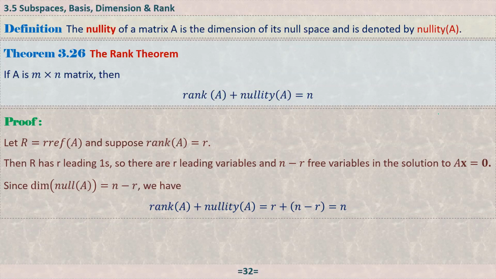Okay, now here we have another theorem. If A is an M by N matrix, then rank of A plus nullity of A is always equal to N. And if you're talking about a matrix that has N columns, and if it is a coefficient matrix, we know that N gives us the number of variables, right?